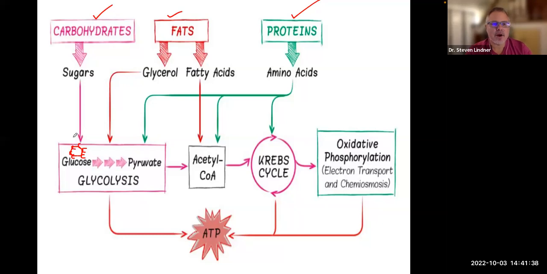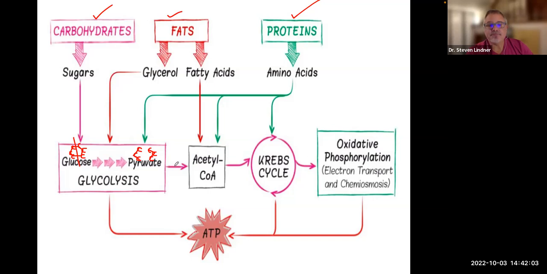So that 6-carbon sugar is then split, which we call glycolysis. Lysis means to split, and it's broken down into 2 3-carbon sugars. 1, 2, 3. We just call it pyruvate.